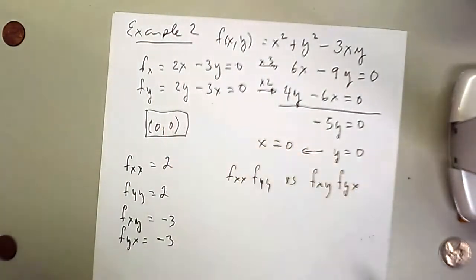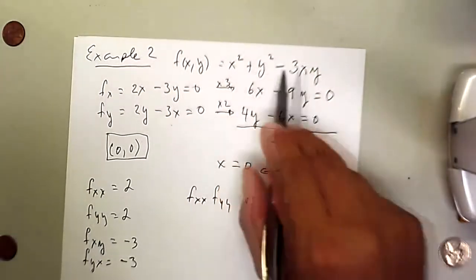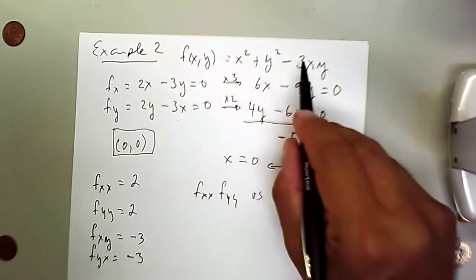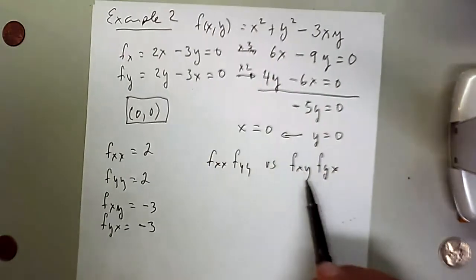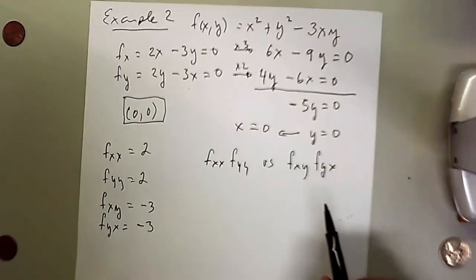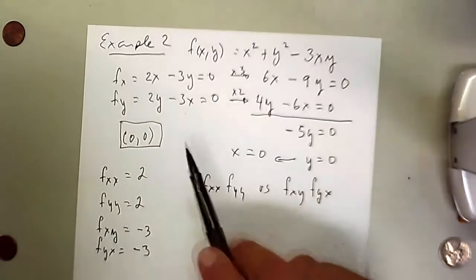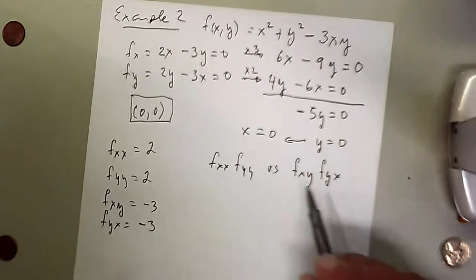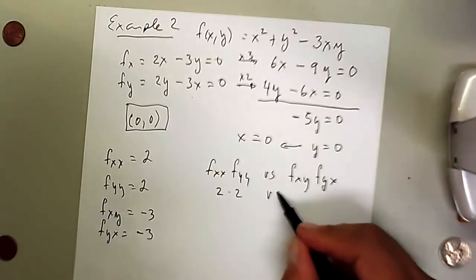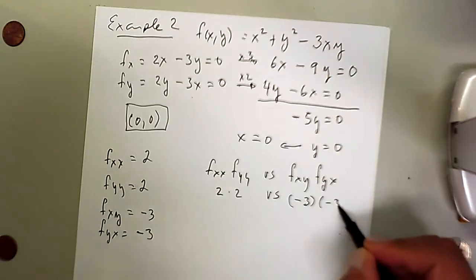If things are continuous at that point, and they are because we have a polynomial, then the combined derivatives are going to match. There's a theorem, Clairaut's theorem, that establishes that this is true if we have continuity of those two. Anyway, we want to compare those two, so that is 2 times 2 versus negative 3 times negative 3.